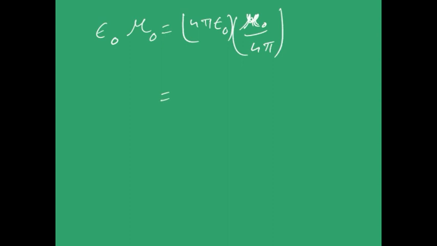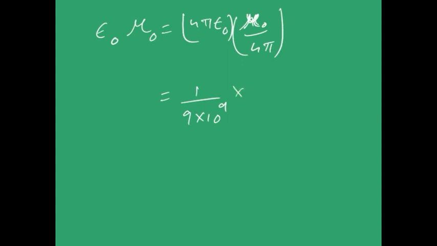Epsilon naught is the permittivity and mu naught is the permeability. The product of these two, I'll write the same expression as 4 pi epsilon naught into mu naught by 4 pi. Anyway, 4 pi gets cancelled, so it doesn't matter. And there the constant was 1 by 4 pi epsilon naught. So 4 pi epsilon naught will be 1 by 9 into 10 power 9.